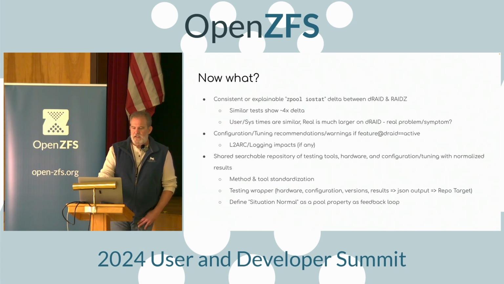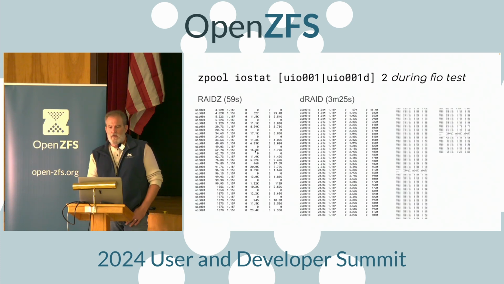So one of the things I was doing during this is, while it's running, I'm running zpool iostat against it. And you can see on the RAIDZ, for that 59 seconds, you'll see in the 2.5 to 6 gig range of traffic. On the dRAID, it's presenting back less than a quarter of that.